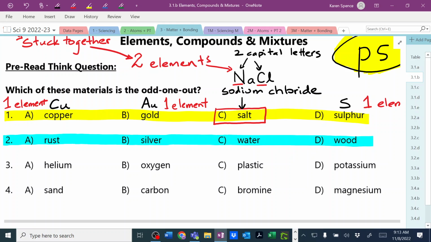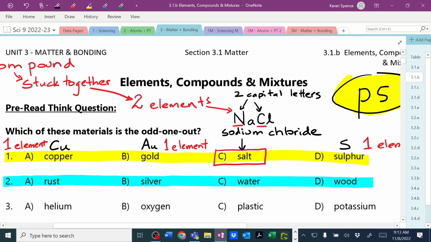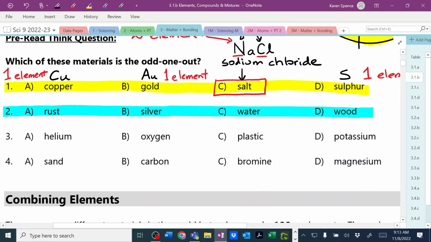But for the purposes of this, because it is called Elements, Compounds, and Mixtures, that's the title of this, we're going to be saying which is the odd one out in terms of that.